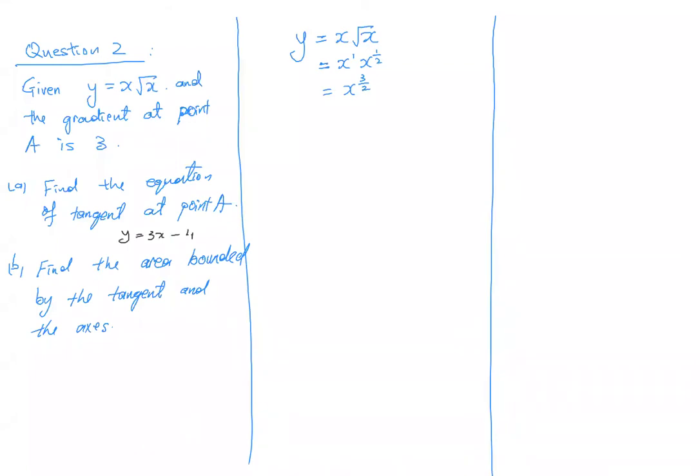Yeah, this is the equation of tangent at point A. So can you try to do part B? Anyone? You know how to do part B? Anyone know how to do part B?